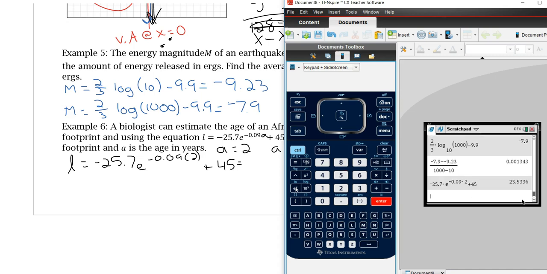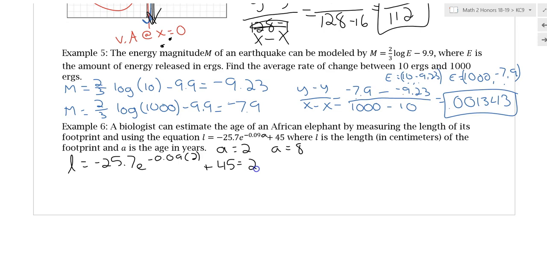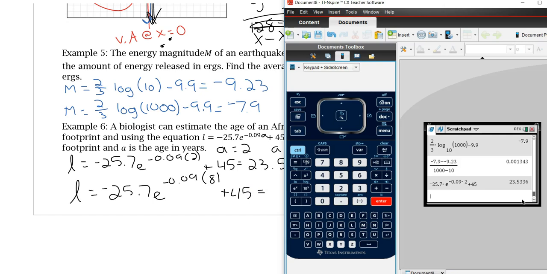And we get 23.5 centimeters. Same thing for the other one. L equals negative 25.7 e to the negative 0.09 times 8 plus 45. I can just highlight it, hit enter, change the 2 to an 8, and we get 32.5.